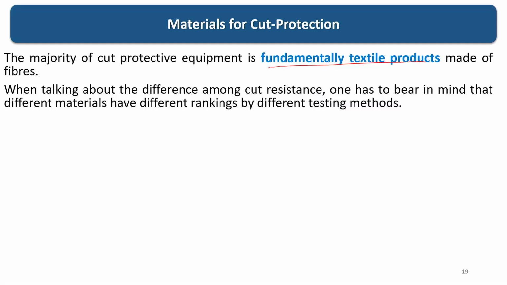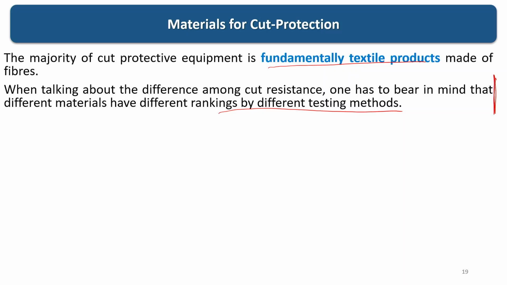When talking about the difference in cut resistance, one has to bear in mind that different materials have different rankings by different testing methods. This is very important. We will discuss it later.